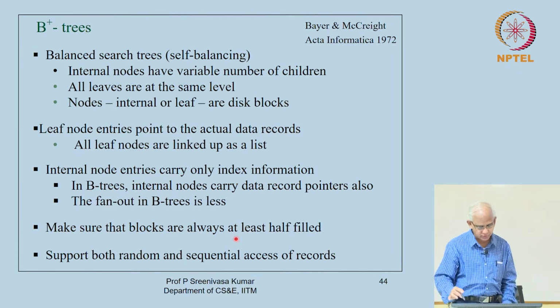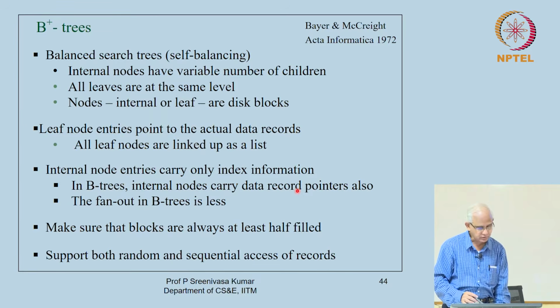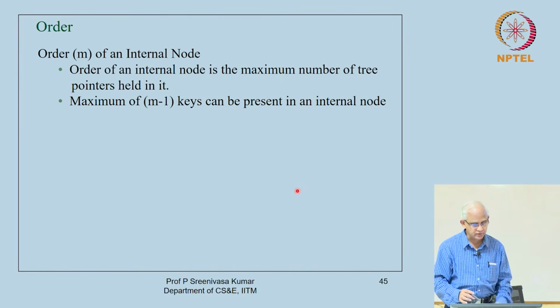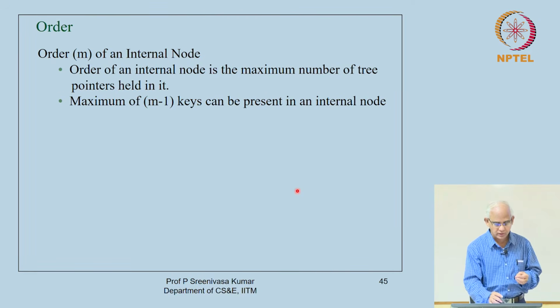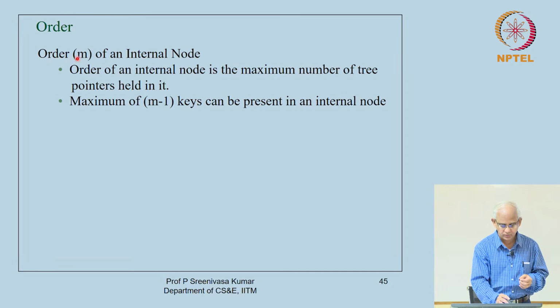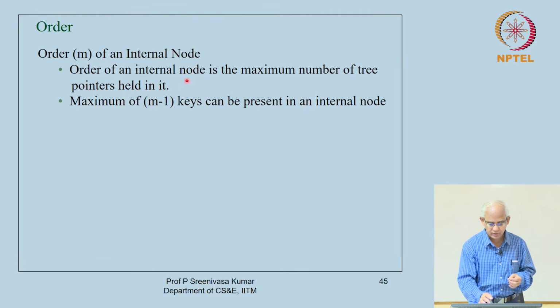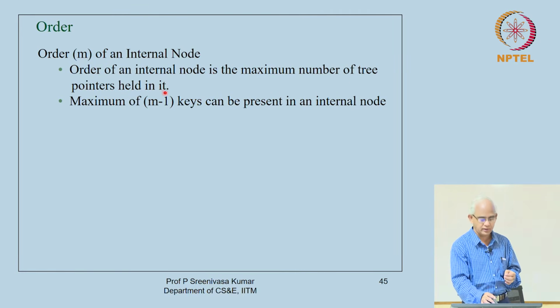Okay. So, let us come to the details of the structure. Remember that all the leaf nodes are going to be linked up as a list. Now, there is a notion of order. The term order is used to indicate the maximum number of tree pointers that can be held in a node. So, for an internal node we define order M as the maximum number of tree pointers held in it.